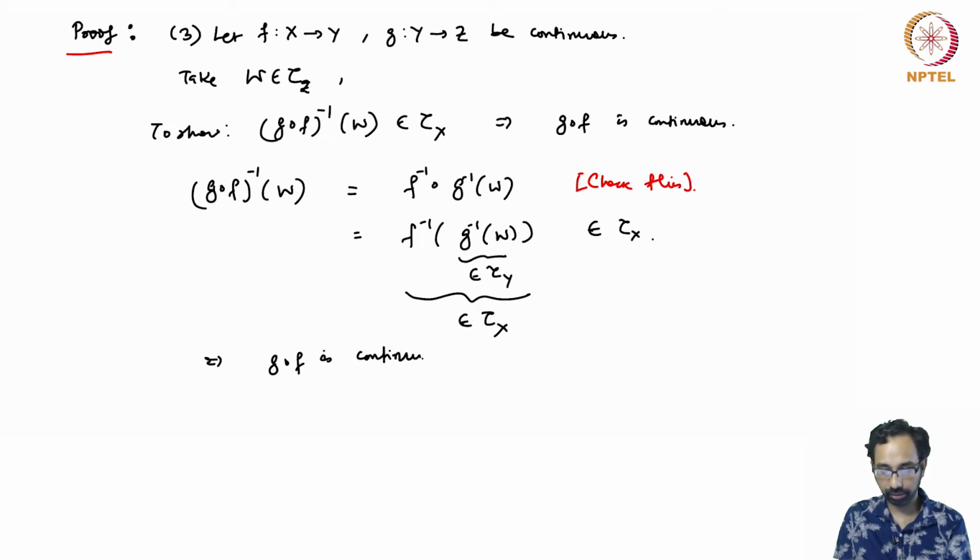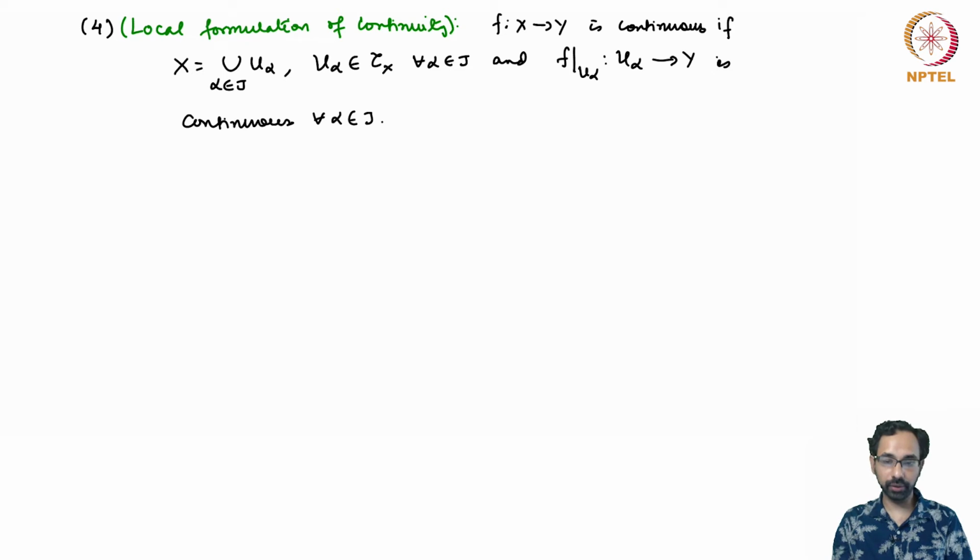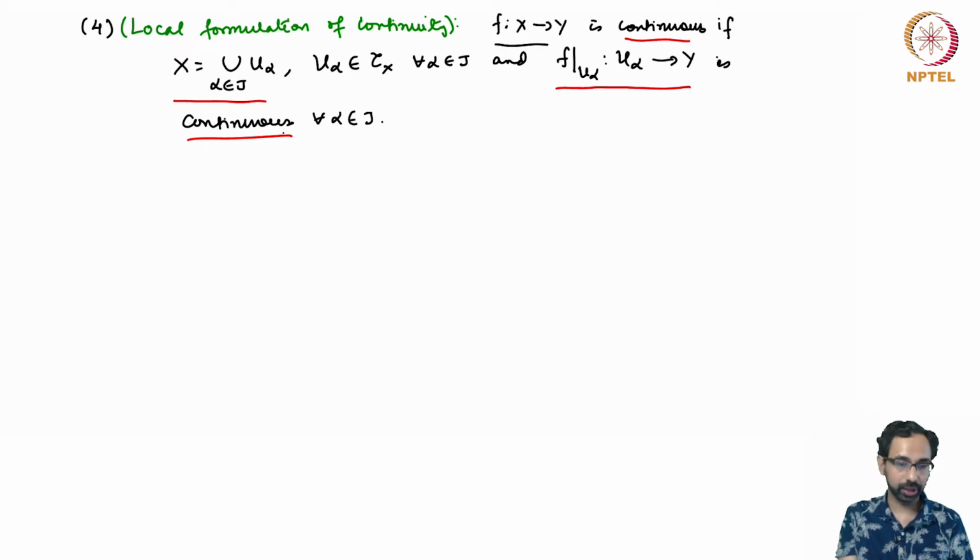Now let us see the local formulation of continuity. So it says that a function f is continuous if X can be written as a union of open sets U alpha such that the restriction of f to each U alpha is continuous, for each alpha. So let us see a proof of this fact.